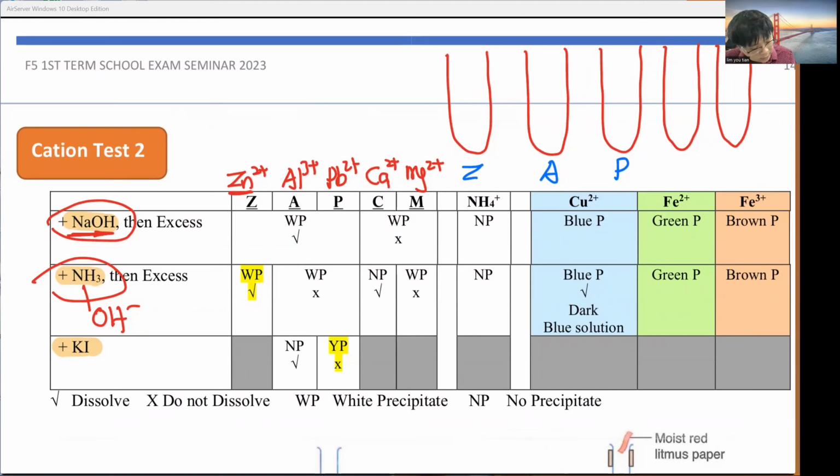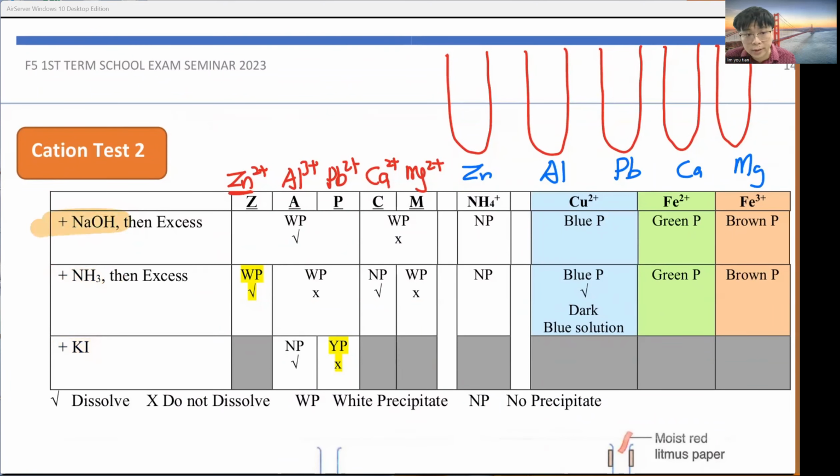Okay, the first result is this. Because the result is divided into 2 steps, we start by adding a bit of sodium hydroxide. Can you see all these 5 test tubes will give you white precipitate? So when you add a bit, all will give you white precipitate.